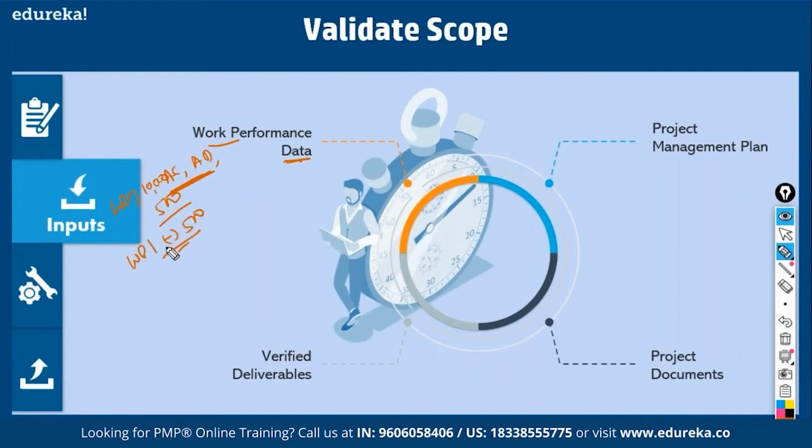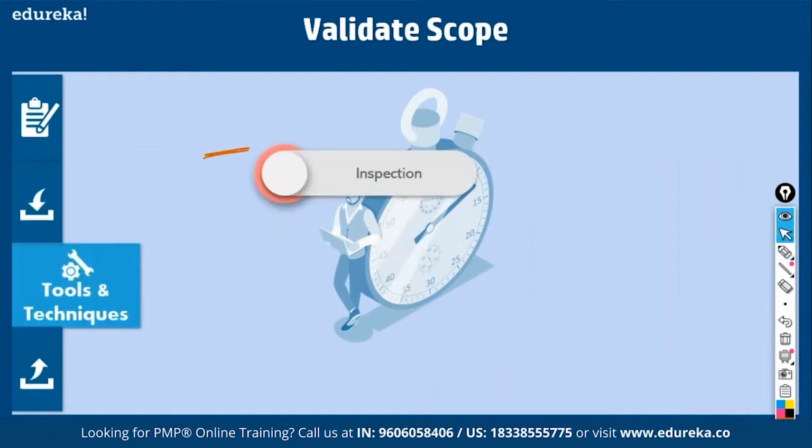So basically, when you validate scope, the customer will ask you for test data that you have to provide. Then with all this, what happens? The customer inspects. Who does the inspection? The customer does the inspection, right? He inspects the results, and he takes a decision whether sign off can be given to this product or not.